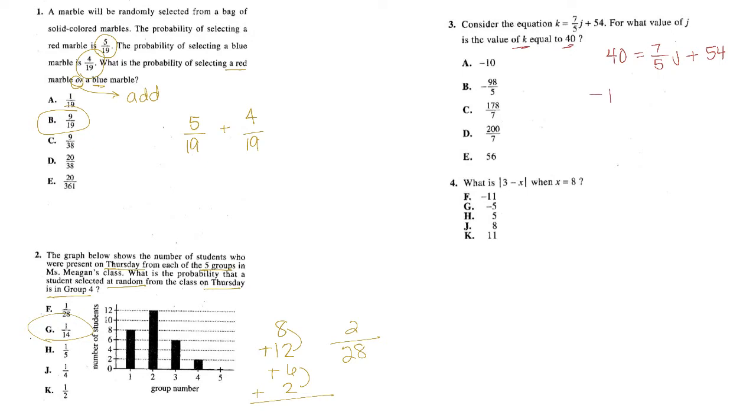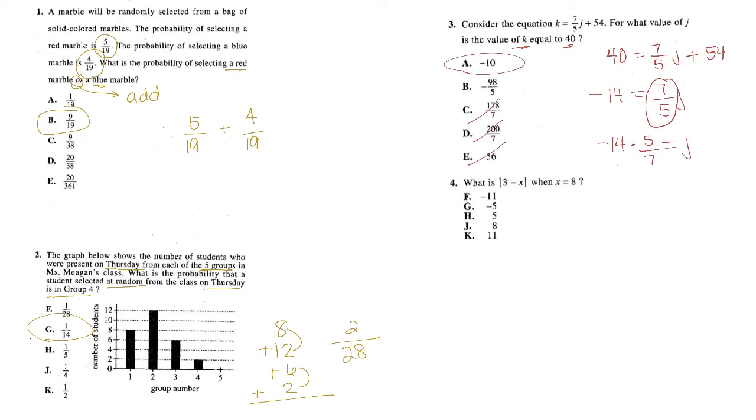And notice right here, 40 minus 54, that's going to be negative 14, isn't it? And so automatically, looking at my answer choices, I know that we're going to knock out all of those. And so here we need to divide both sides by 7/5, which is the same thing as multiplying by the reciprocal. And so here we get negative 10.